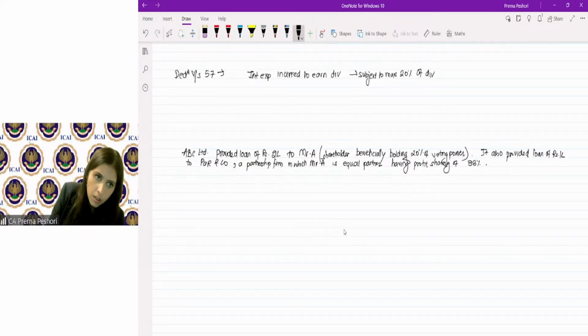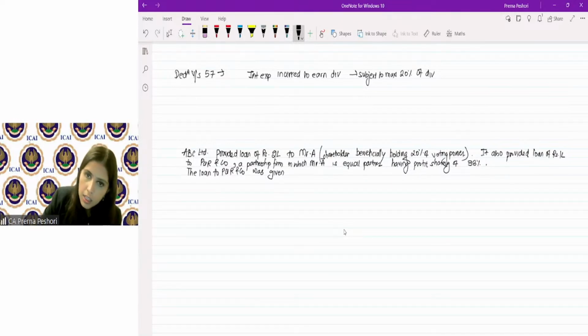The loan to PQR and Company was given for the expenses incurred by PQR and Company.